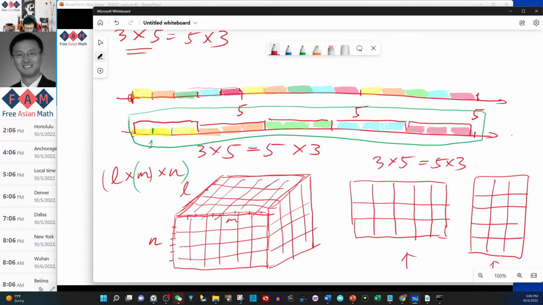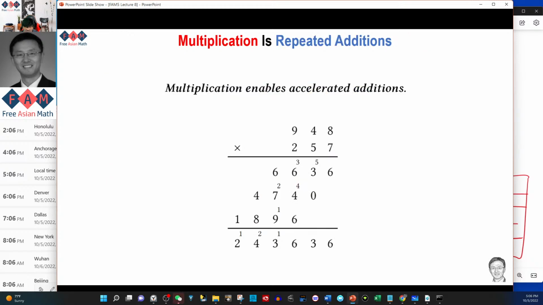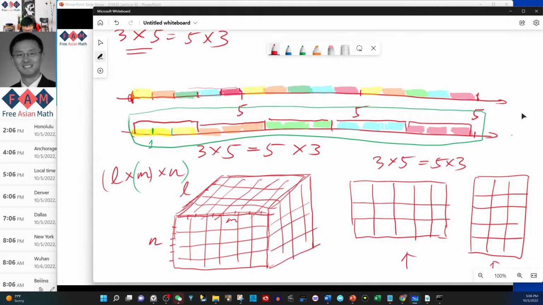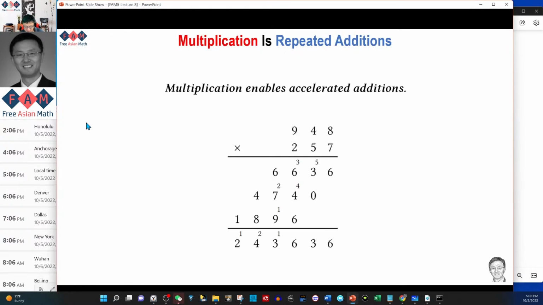All right. Now, we are ready to introduce a super important law for multiplication. But before doing that, we want to see its application first. And that is really what we have been mentioning all the time.